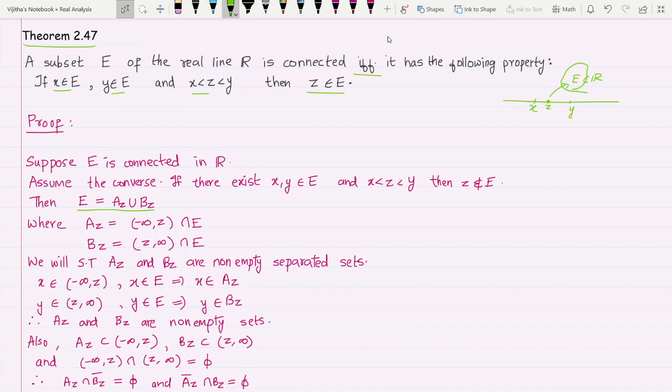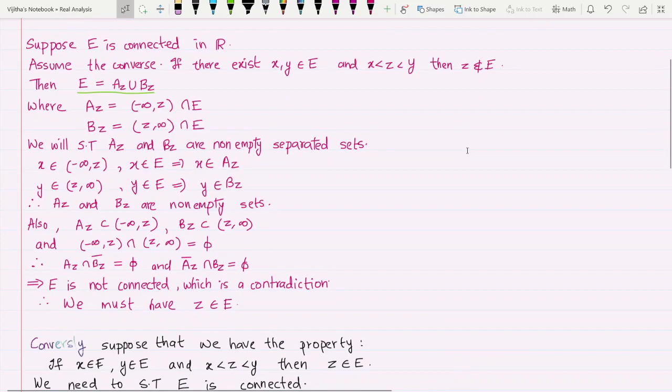First we will suppose that E is connected in R. We have to prove the property that whenever x and y are in E and x < z < y, then z is in E. For this we will assume the converse. Suppose that this property doesn't hold.